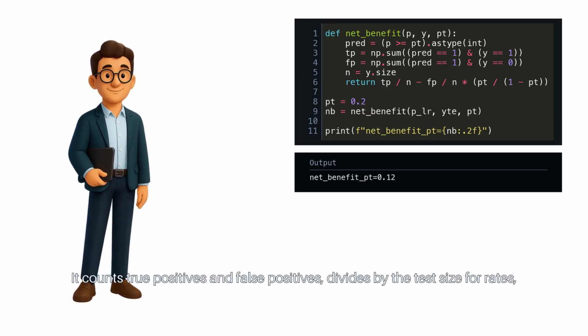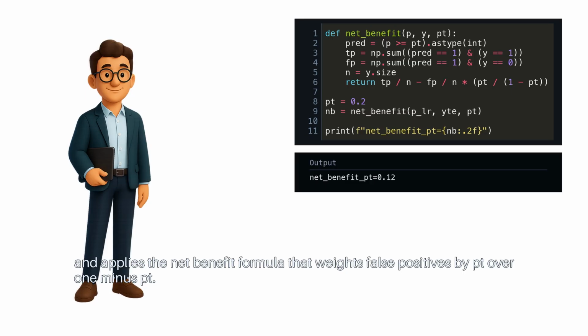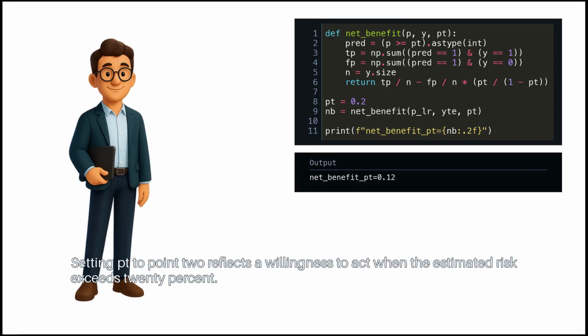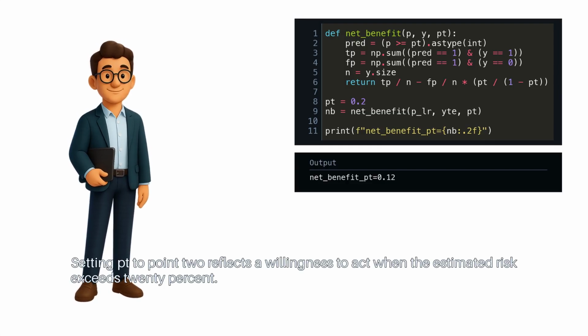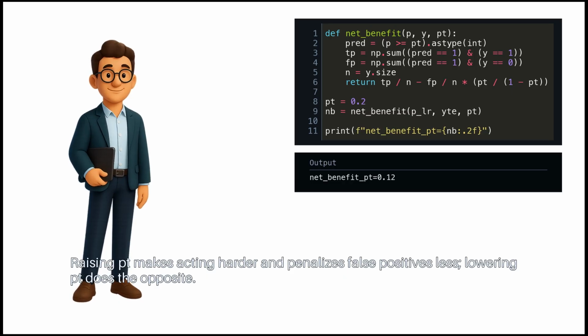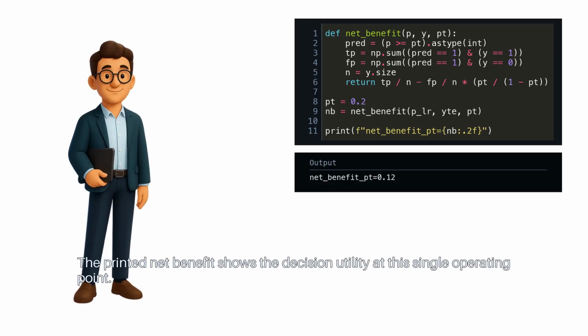It counts true positives and false positives, divides by the test size for rates, and applies the net benefit formula that weights false positives by pt over 1 minus pt. Setting pt to 0.2 reflects a willingness to act when the estimated risk exceeds 20%. Raising pt makes acting harder and penalizes false positives less. Lowering pt does the opposite. The printed net benefit shows the decision utility at this single operating point.